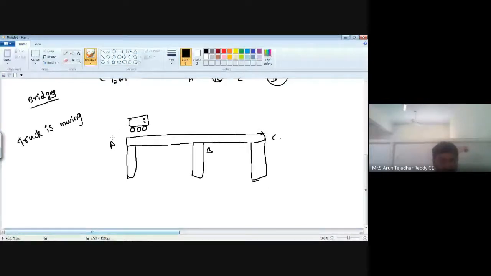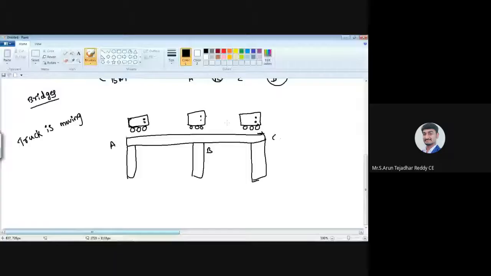If the truck is starting from point A, then it is slowly moving from A to B. After that, the maximum point is C. It means from B to C the truck is moving.